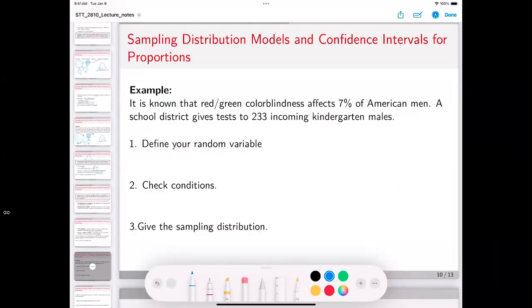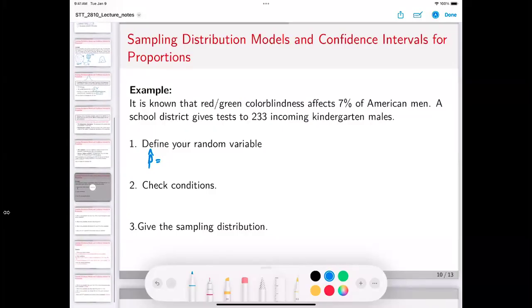This example says that it is known that red or green color blindness affects 7% of American men. Is that okay? And then a school district gives a test to 233 incoming kindergarten males. Let's define our random variable. So you could define your random variable to be P hat to represent what? The proportion of color blindness among American men. Does that make sense?